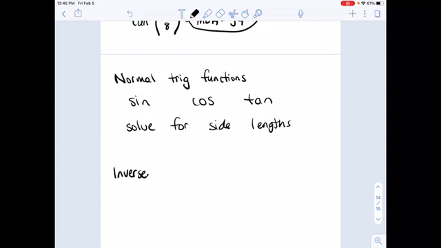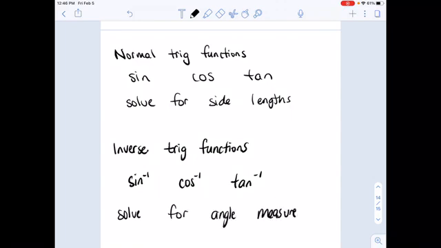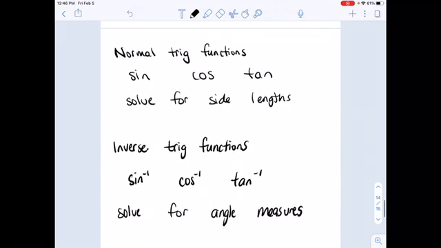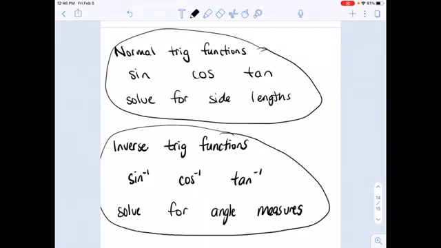Inverse trig functions. Inverse of sine, inverse of cosine, and inverse of tangent solve for angle measures. And that's how you can keep track of how and what you need to use where. Okay?